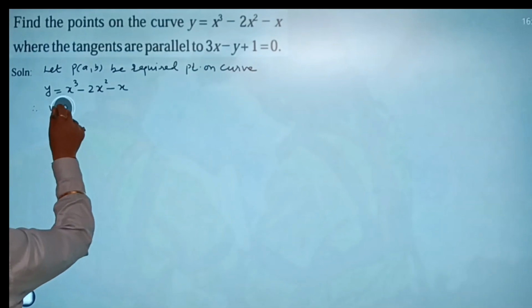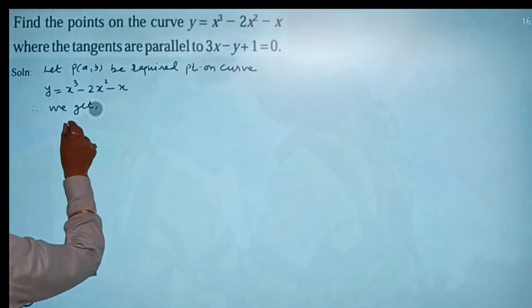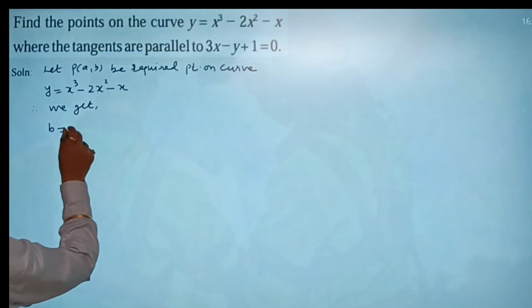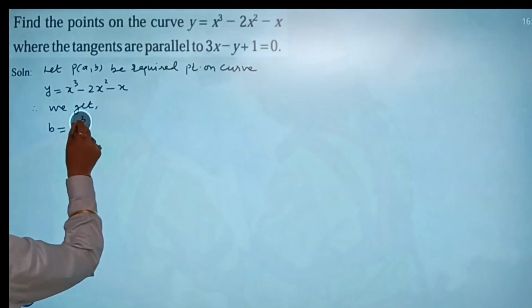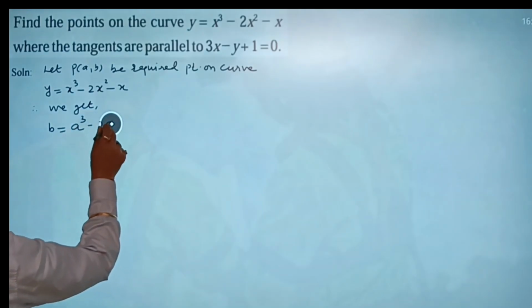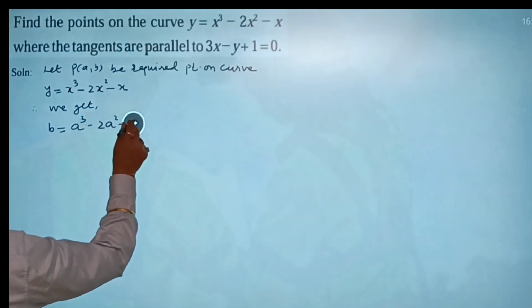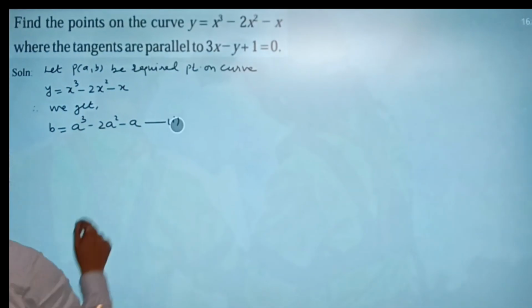Therefore, we get b is equal to a cube minus 2a square minus a. Equation number 1.